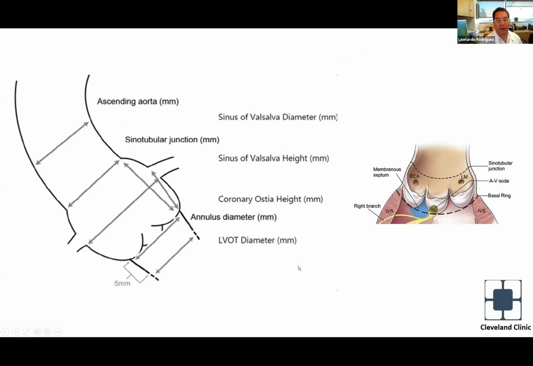Este es un esquema de lo importante de esta área, no solamente el área del anillo, sino los diámetros de los senos de Valsalva y también del diámetro de la unión sinotubular. Cuando esto es muy bajo, algunas válvulas no pueden ser expandidas completamente si esta área es muy pequeña.